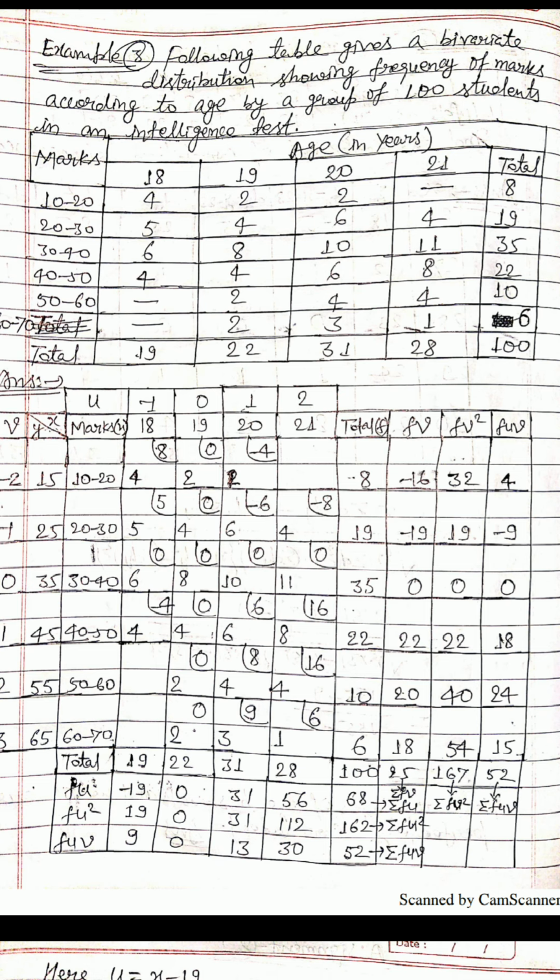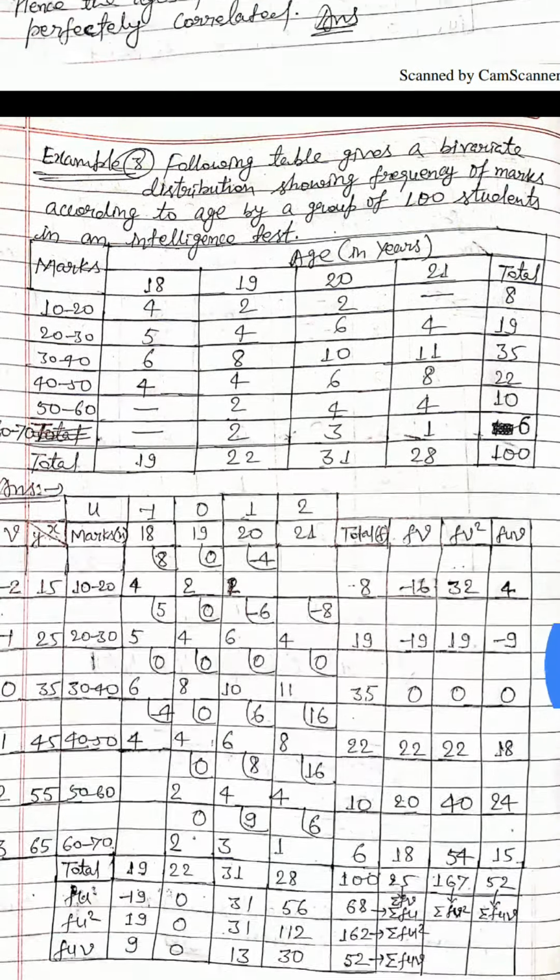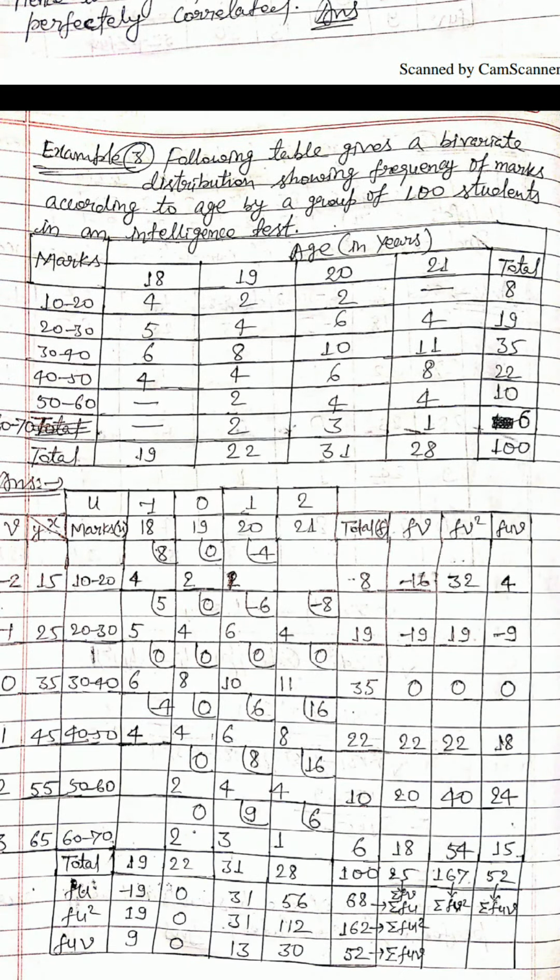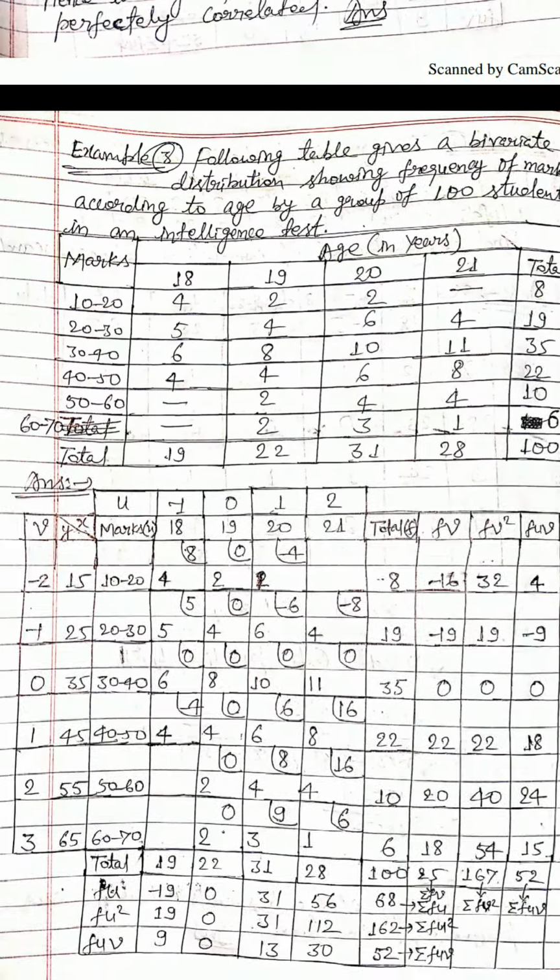What we see here are two things: one is age, another is marks. That's why this is a bivariate distribution. We also see two types of total values, that means two columns for totaling, one vertical and one horizontal.